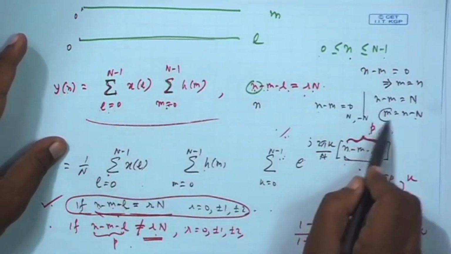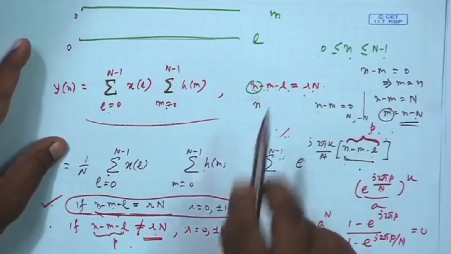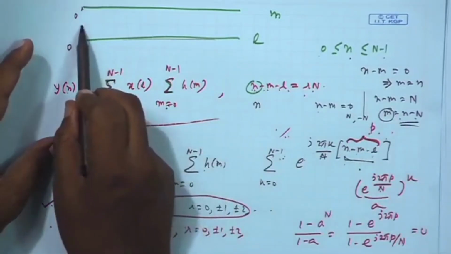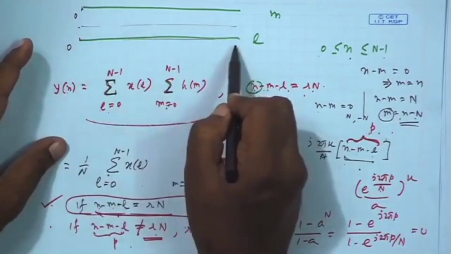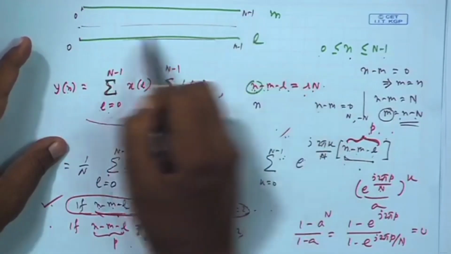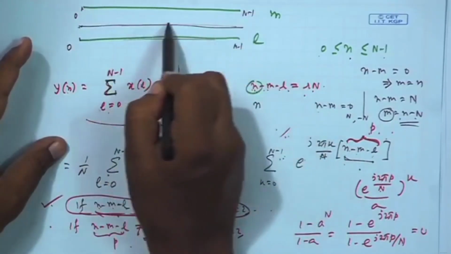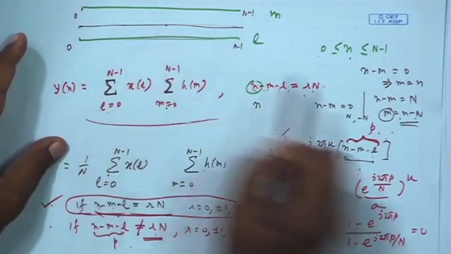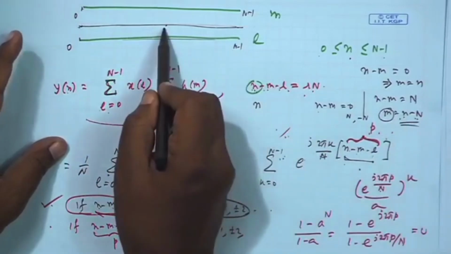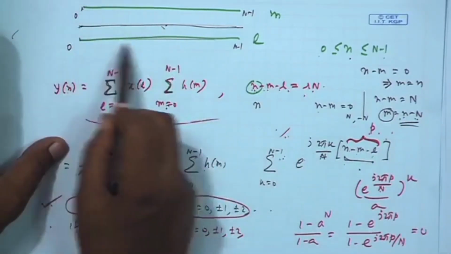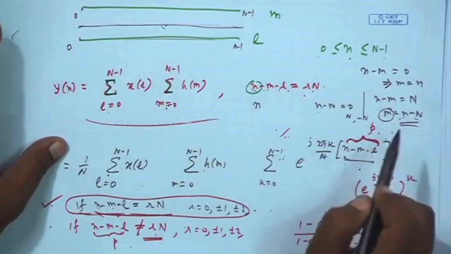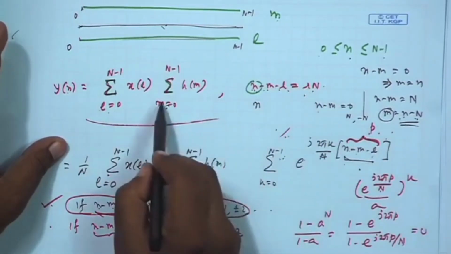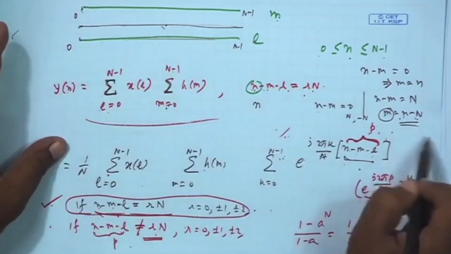Small m cannot take this value, because small m ranges from 0 to capital N minus 1. If you have this scale, small n can be anywhere here from 0 to n minus 1. From small n, if you go back by capital N, you are going behind, so that is ruled out.